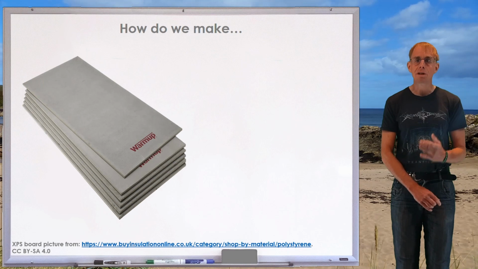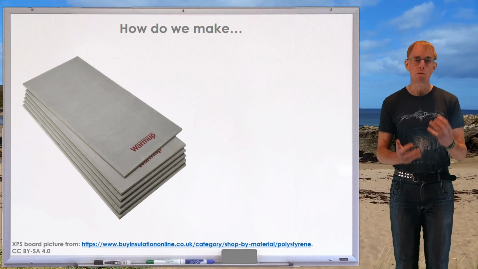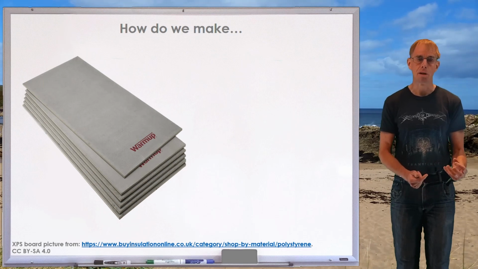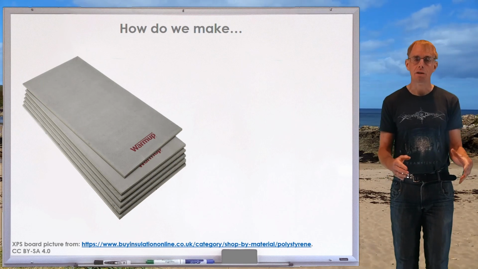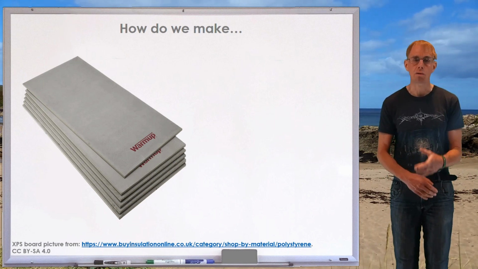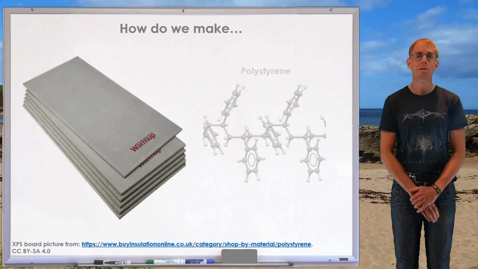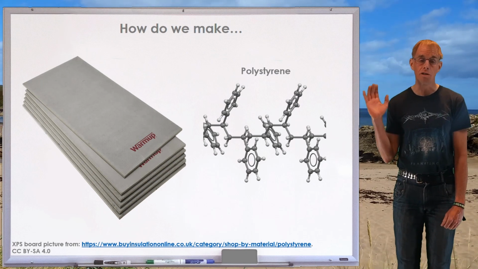And so what the production process has to achieve is the growth of these gas bubbles within a polymeric base product, and that these gas bubbles have a certain size distribution such that they have a certain effect on the thermal conductivity of the material. Now, in years gone by, these materials were typically based on polymers such as polystyrene.